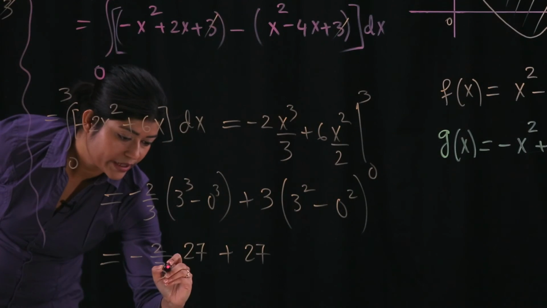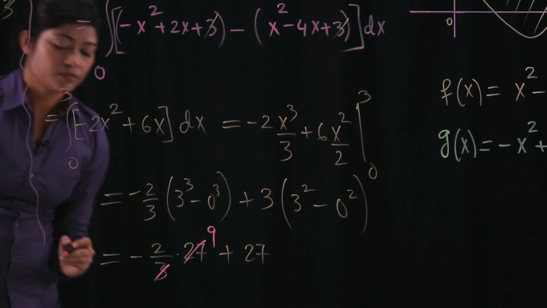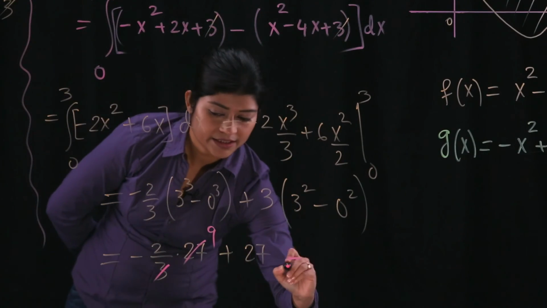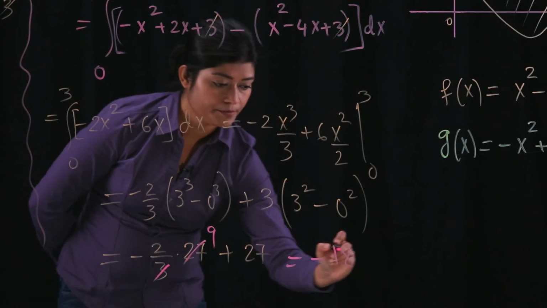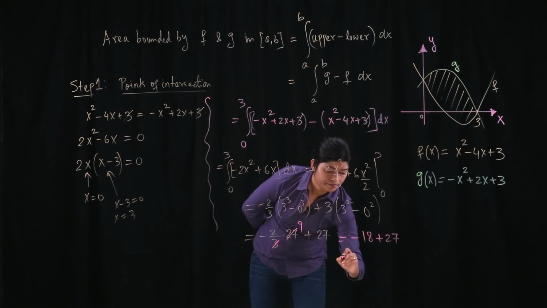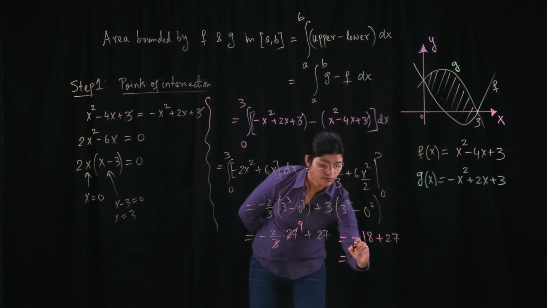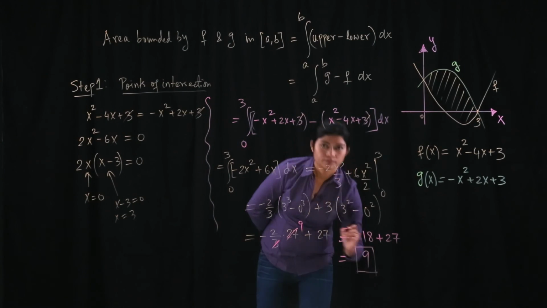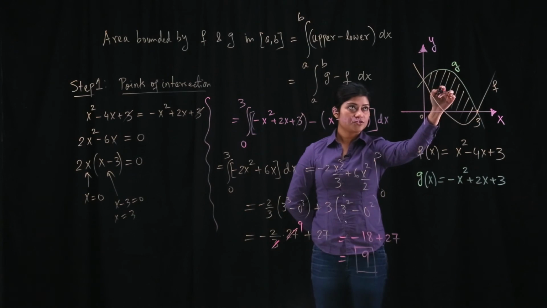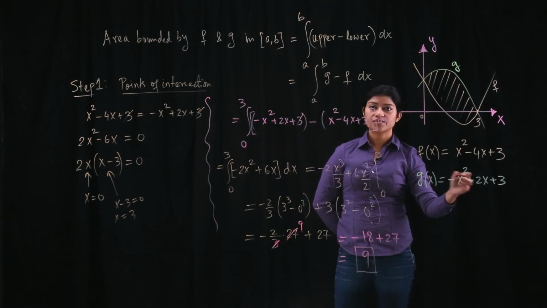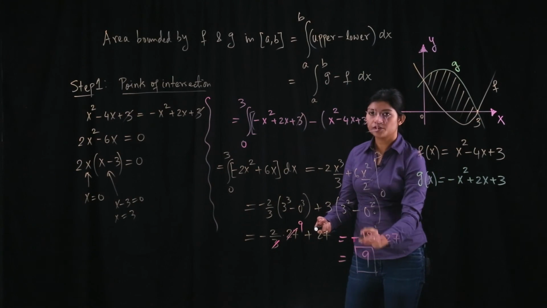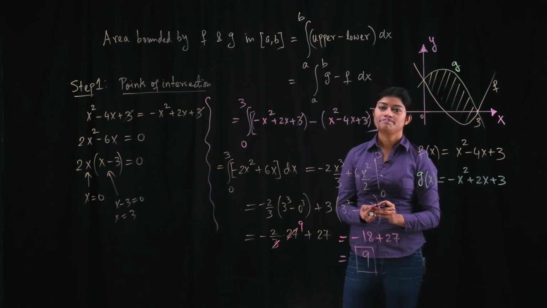You can right away cancel the 3 and 27 here, so that's just 9. 9 times 2 is 18, so negative 18 plus 27, and that is 9. So the area of this region bounded by the two functions f and g between 0 and 3, which are the points of intersection, turns out to be 9 square units. Thank you.